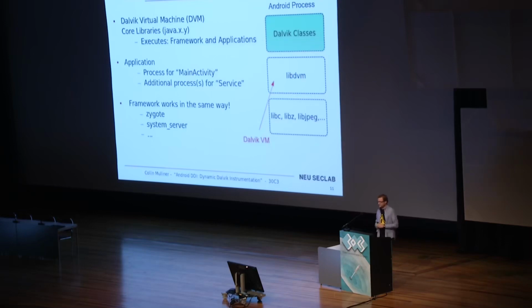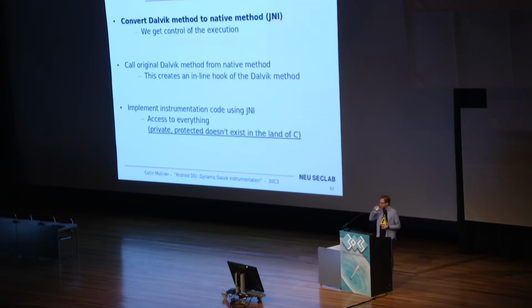That's the actual virtual machine. And then the process also contains the Dalvik classes that it wants to execute. Really every application, like if you install, I don't know, Facebook or something, works like this. Also the system processes like Zygote or the system server, which execute the framework, work in the same way.